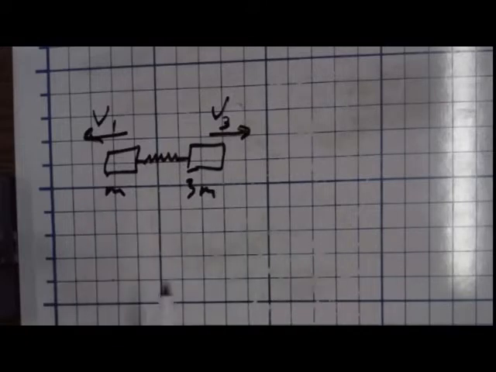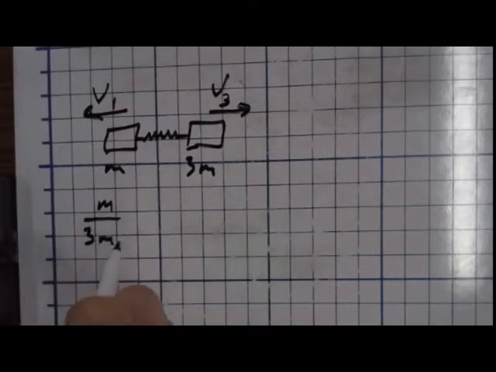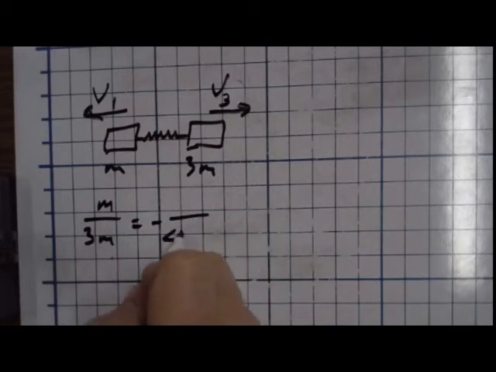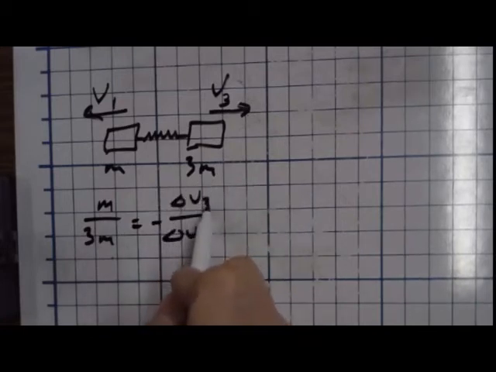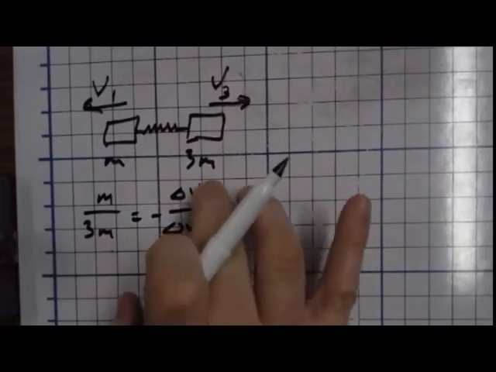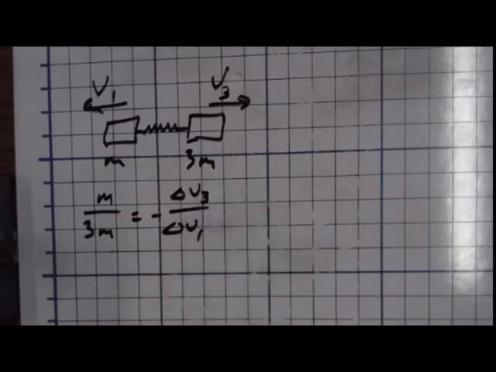Okay, so we know that M over 3M is going to be minus delta V1 over delta V3. And that's flipped because that's what makes it so that the lighter one goes faster. And it's minus because they're going opposite directions.